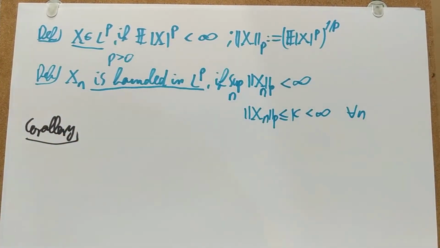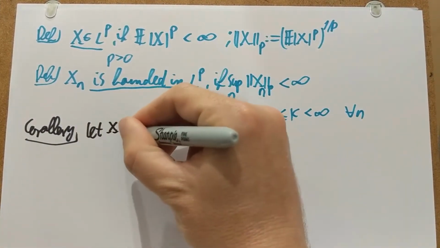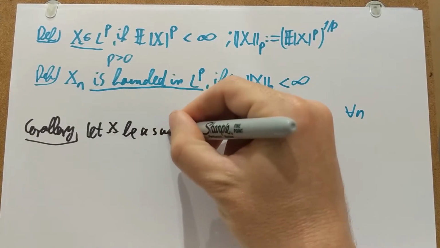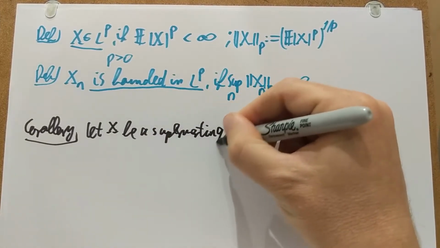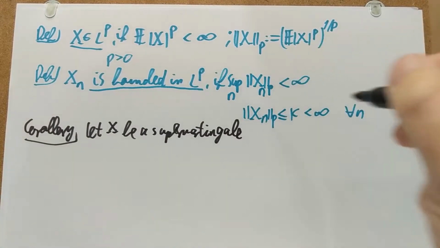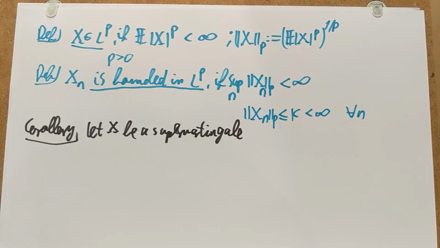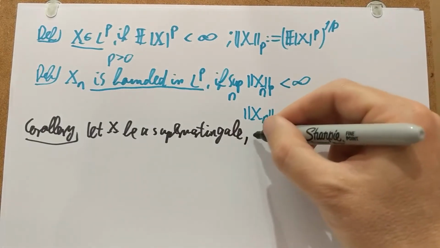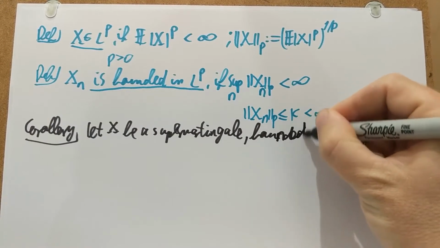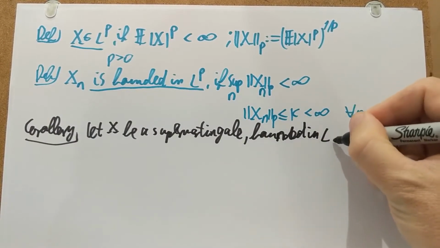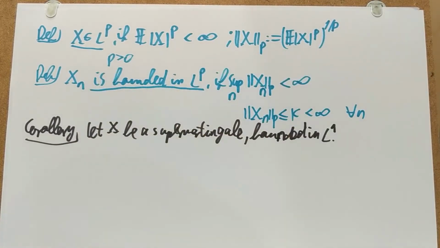The corollary is the following: let X be a supermartingale, as it was needed for the upcrossing lemma, and also let it be bounded in L^1. Okay, bounded in L^1, just like above.